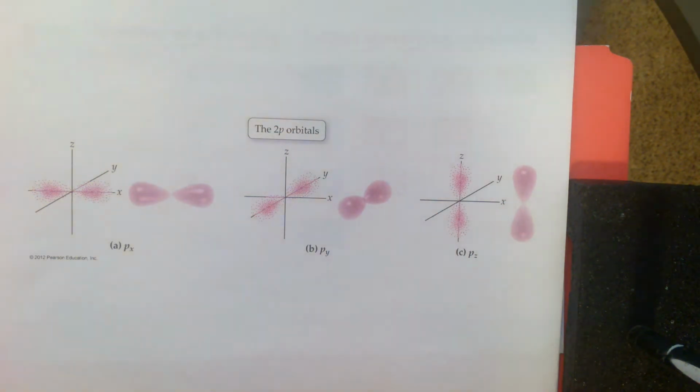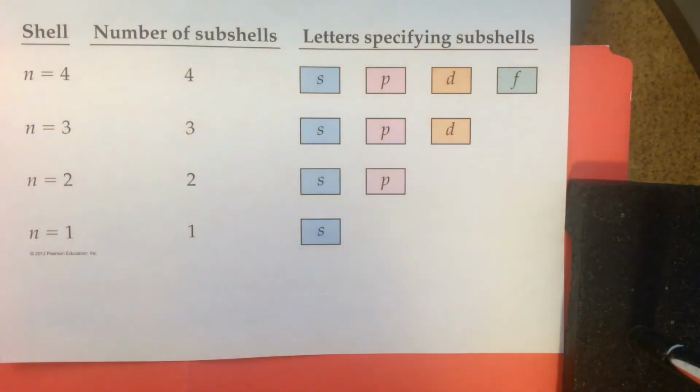And let us remember that each orbital, regardless of how complex or unusual its shape may be, will only hold a maximum of 2 electrons. Then I've got a picture here of d orbitals.